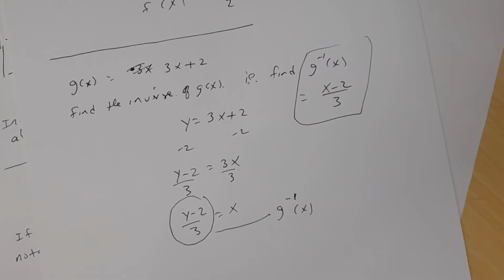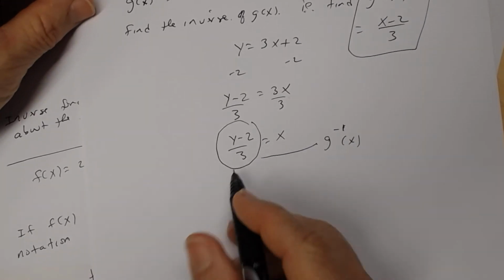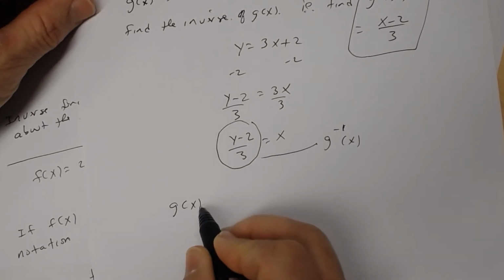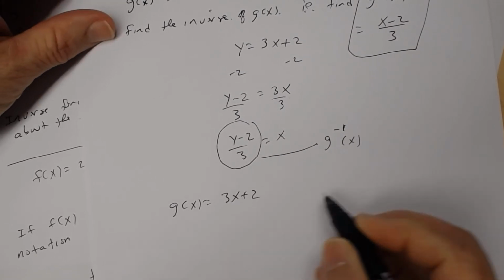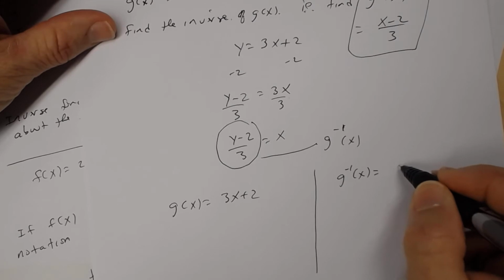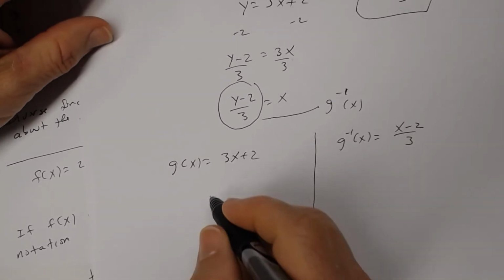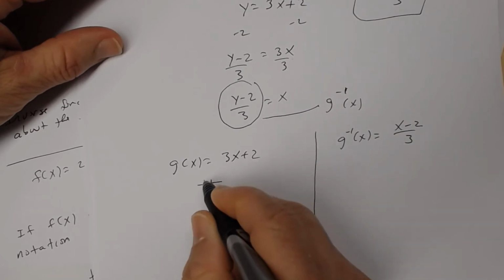And let's just check this. Let's see if it is correct. On a test, you're not going to have time to do that, but we can do that here. Here's my function g of x, which is 3x plus 2. And I'm saying that the inverse of g of x is x minus 2 divided by 3. Let's do a few points and see what we get.